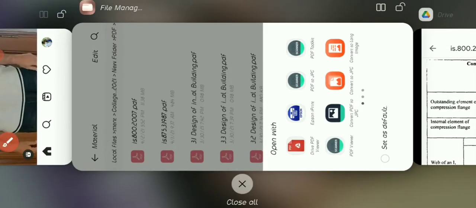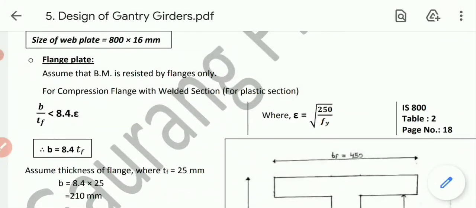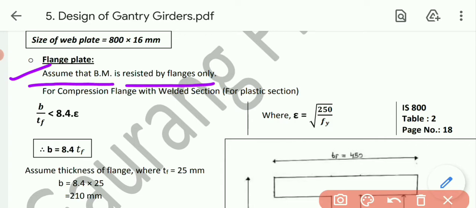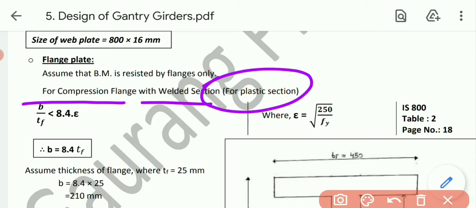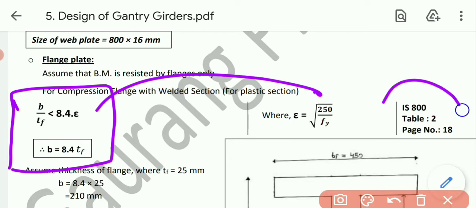For the flange plate, assume that the bending moment is resisted by the flange only. So for the compression flange with the welded section for the plastic design, b by tf should be less than 8.4 epsilon. Now epsilon is root of 250 by Fy. Fy's value is 250, so root of 250 by 250, the answer will be 1 as per this clause.